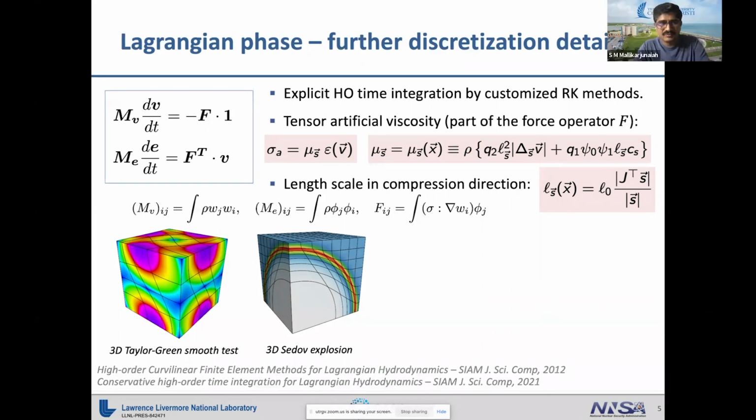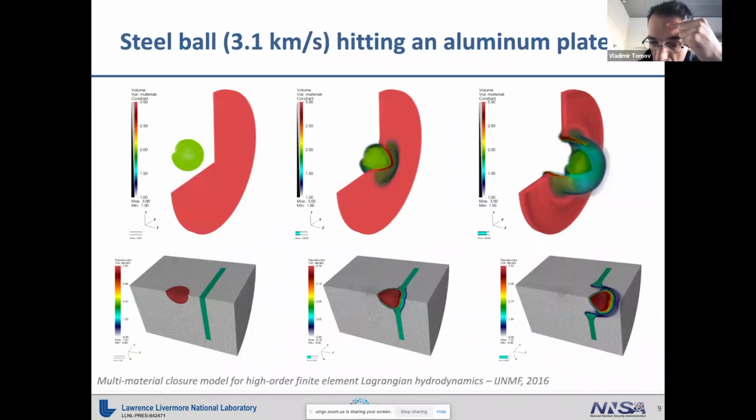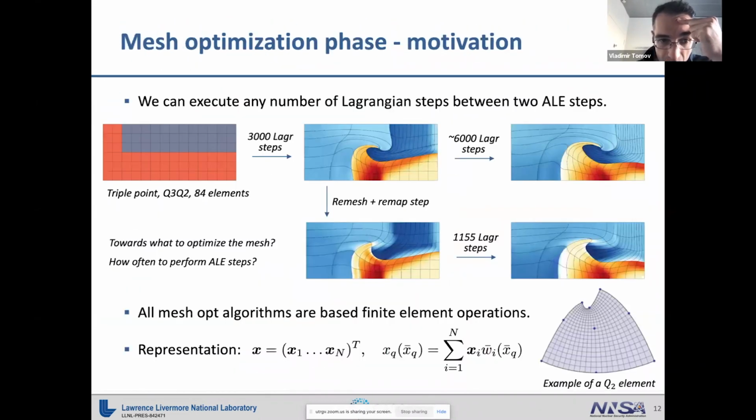So in slide number 12, we see a Q3, Q2 discretization. Any reason why we have Q3, Q2, that higher order discretization? For smooth solutions, with Q3, Q2 we can get third order convergence.